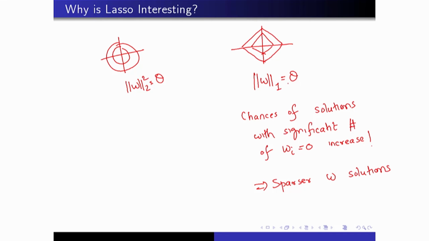You'll have sparser solutions when you put constraints such as norm of w is less than or equal to theta. One norm of w is less than or equal to theta.